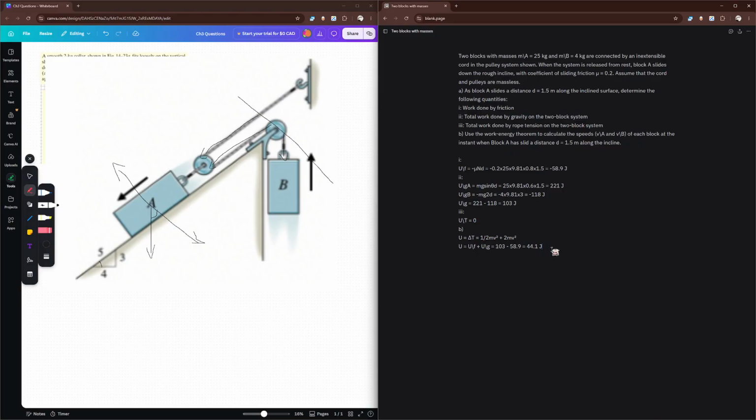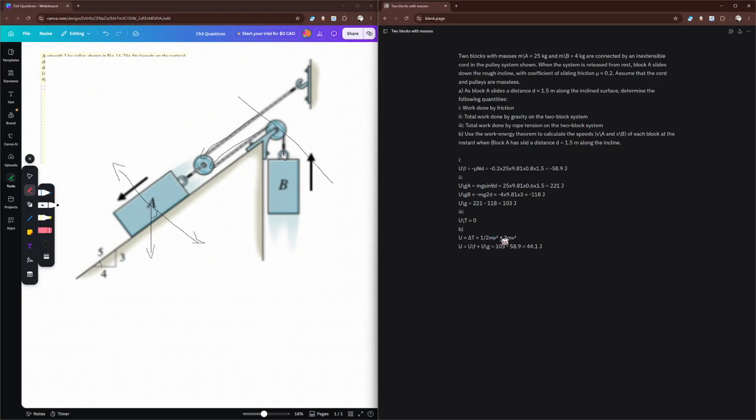Anyways, back to the explanation for this, using the work energy theorem. I apologize. I put that in the wrong order. Anyways, so we have this formula, right? If we want to, so we take this and we're looking for V. So rearranging for V, we can add these together, or no, we can't because the masses are different.